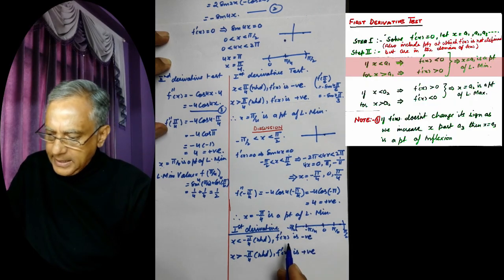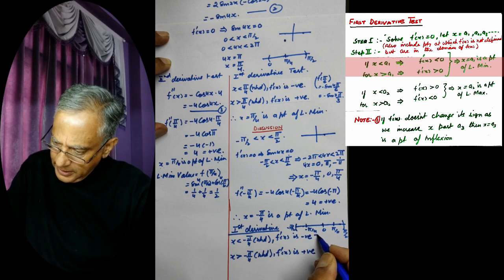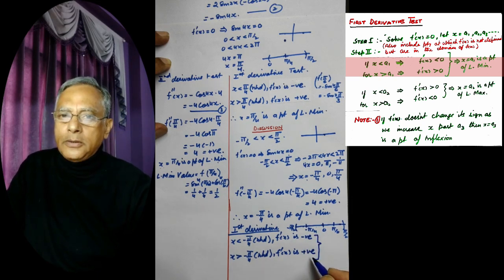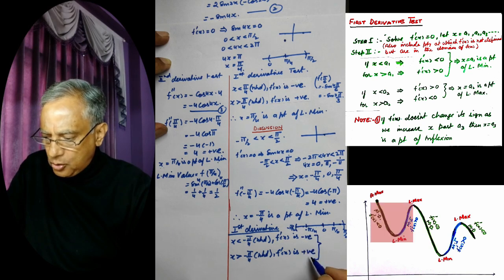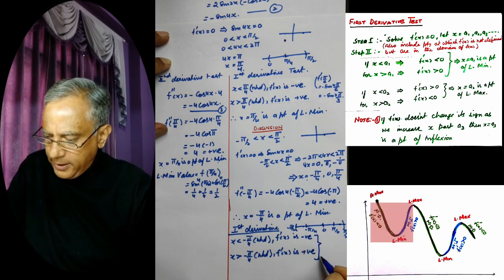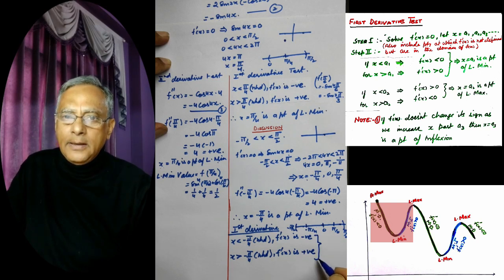Therefore, f dash x is changing its sign from negative to positive, that is from decreasing to increasing, falling to rising. Therefore, this point will be a point of local minimum.